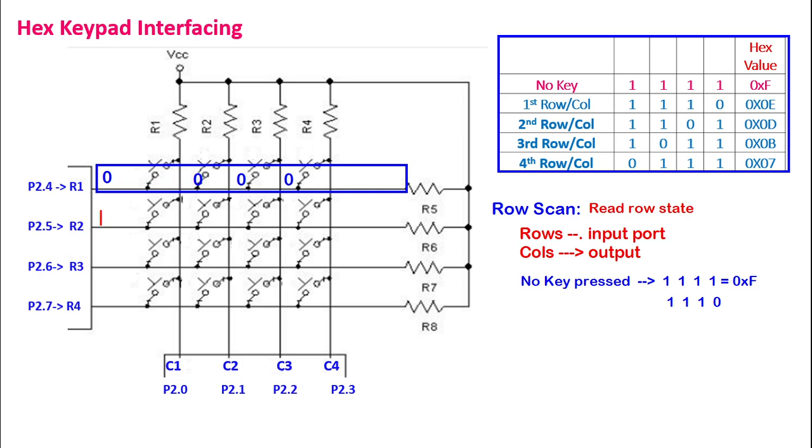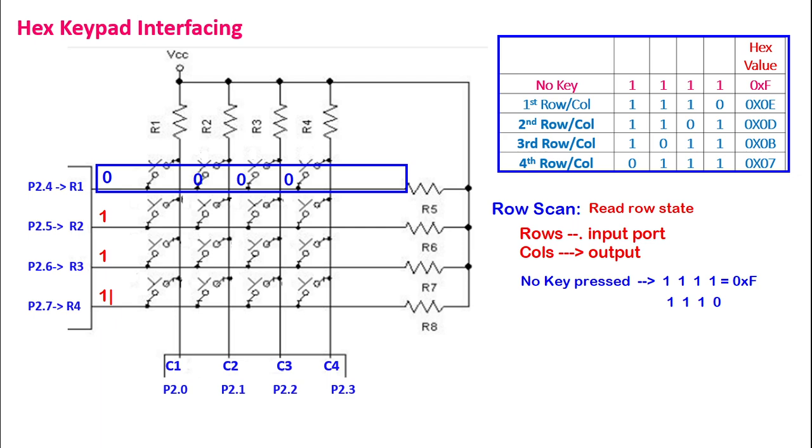And the other rows, row number 2, row number 3 and row number 4, will all be in high state. Only that particular row, whichever the key is pressed, will go low.